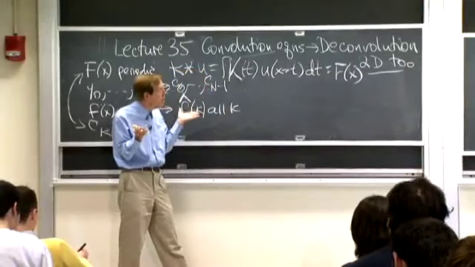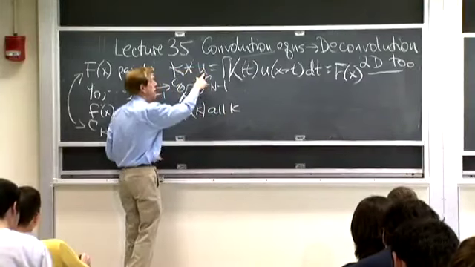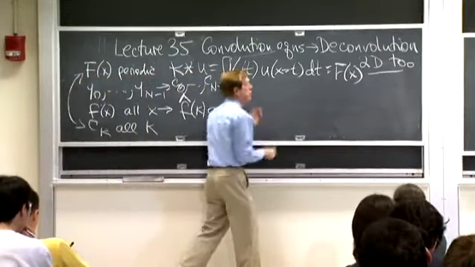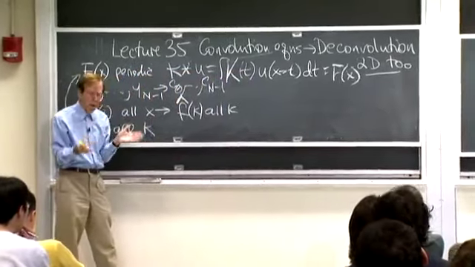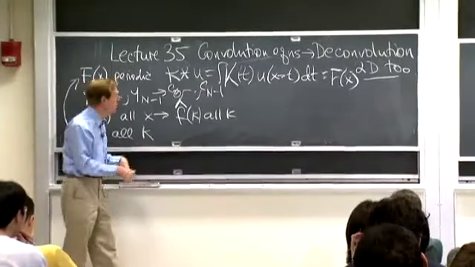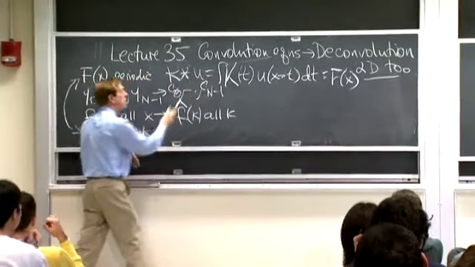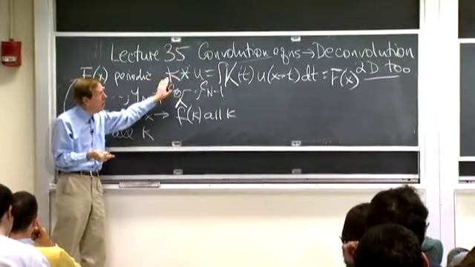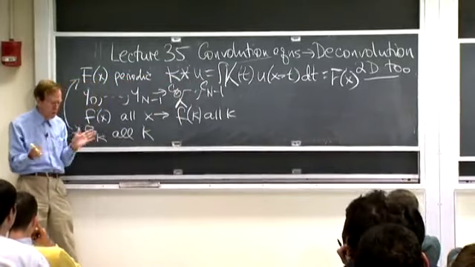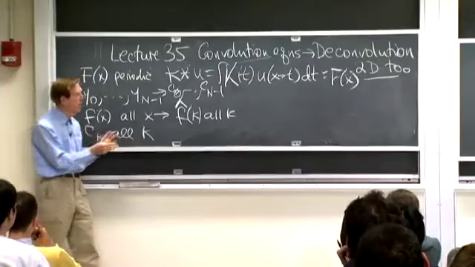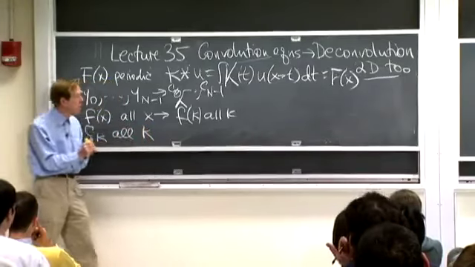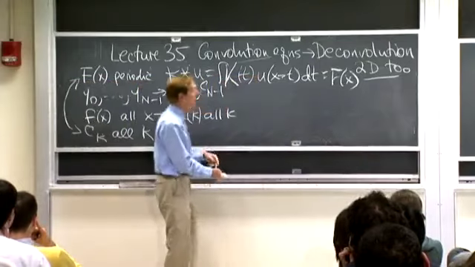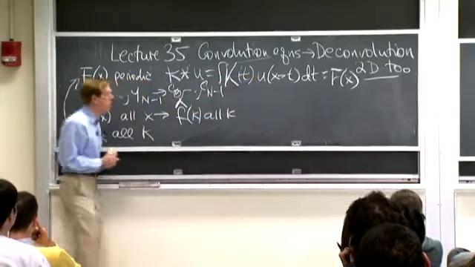You see, the only novelty is the unknown is here, so that's why the word deconvolution is up there, because that's what we have to do. We have to undo the convolution. This unknown function is convolved with a known kernel K, that tells us the point spread of the telescope or whatever we're doing, and gives us the output that we're looking at, and then we have to find the input.